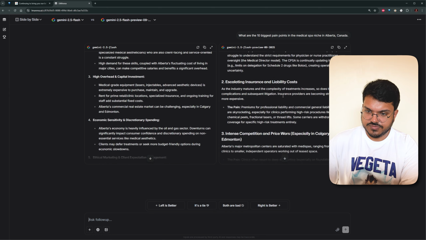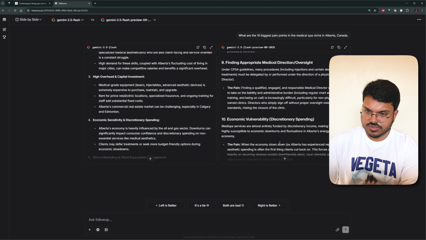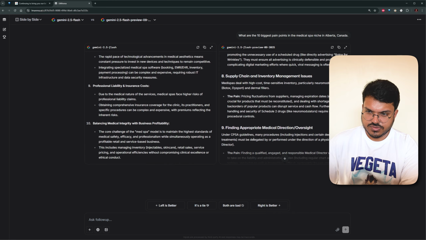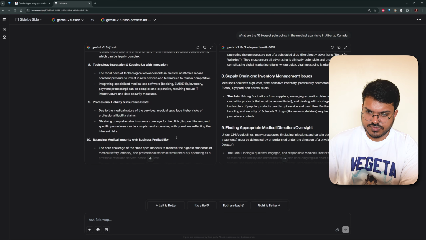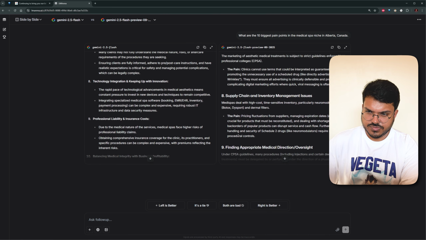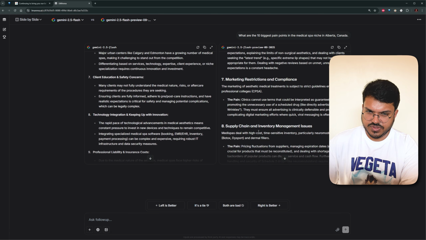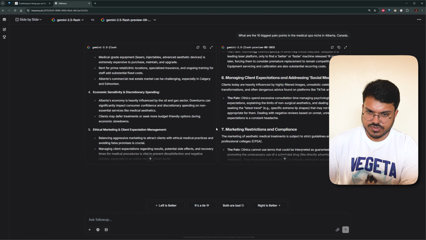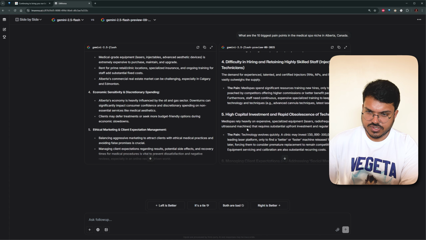So it's a bit different. Intense competition. Oh, the last one. So it's a bit different, but also similar at the same time. Which is quite a difference for the same model, but just an updated version of it.